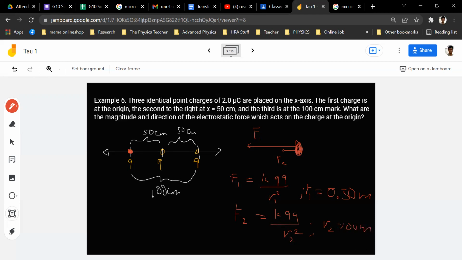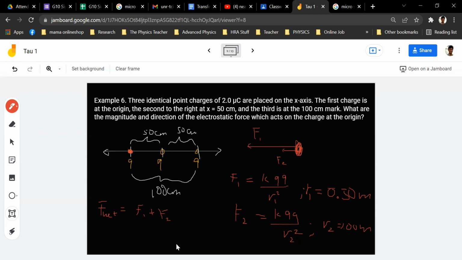So after you do that, solve for the net force or the total force acting on the first charge, which is just F1 plus F2. You can just add them because they are in the same direction.